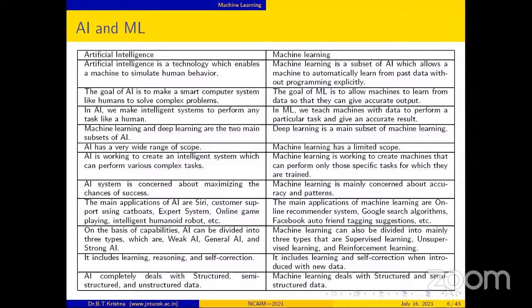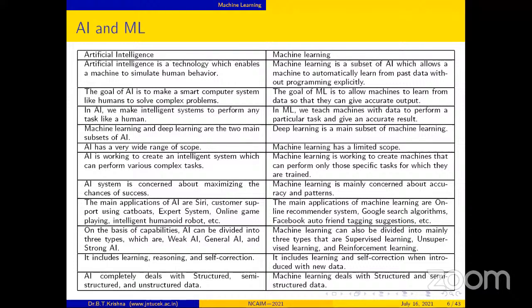But in the case of machine learning, you will have three subcategories in it. One is supervised learning, another one is unsupervised learning, and the third one is reinforcement learning. We will study in detail about supervised learning, unsupervised learning, and reinforcement learning. So artificial intelligence includes learning, reasoning, and self-correction.